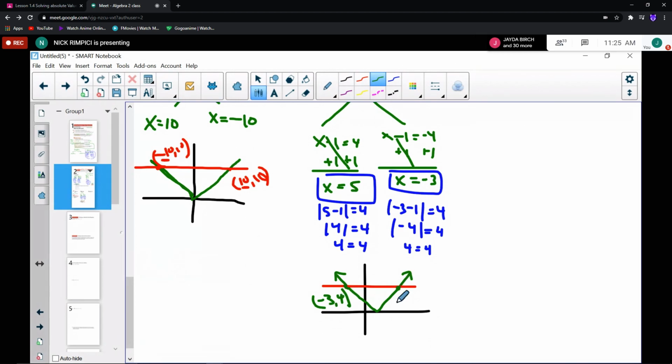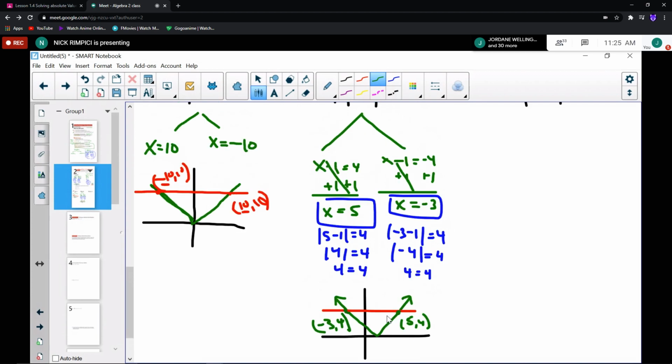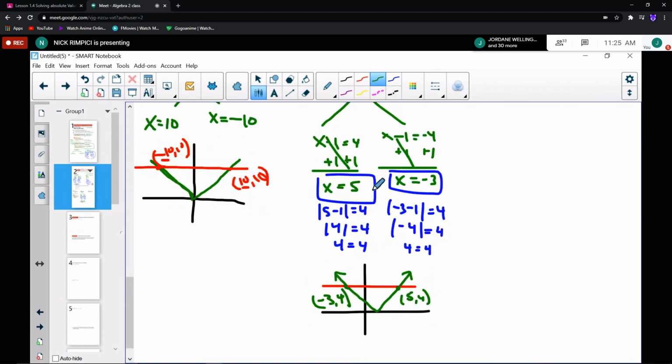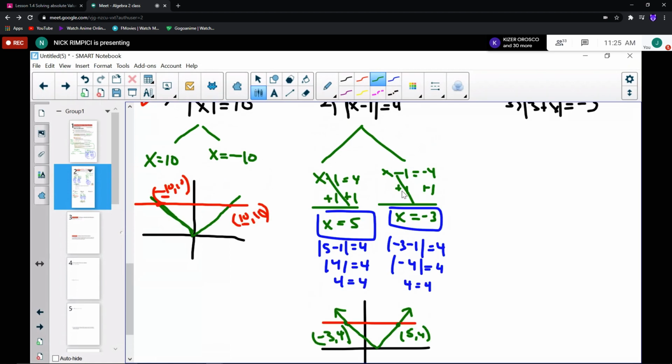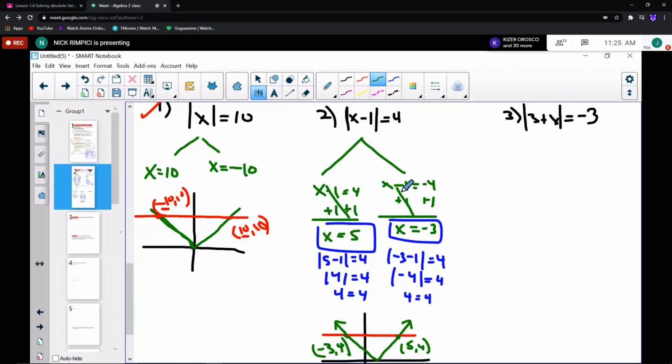And this coordinate right here is going to be 5, comma 4, and again you only care about the x, so that's the 5 right there. So this is a graphical solution. You could do this with Desmos and find the x's in 2 seconds. But I want you to do the algebra, because on the state exam they're going to say only an algebraic solution will be accepted. So I would still do it graphically first, write the answers down, and then do the work. These ones are easy enough that you could get away with it, but you'll see when we get to the harder ones what I'm talking about.